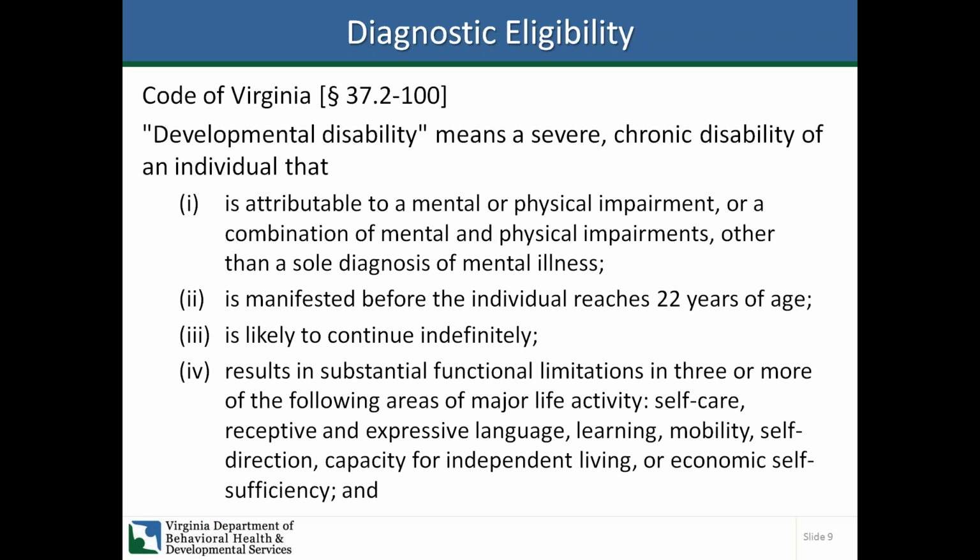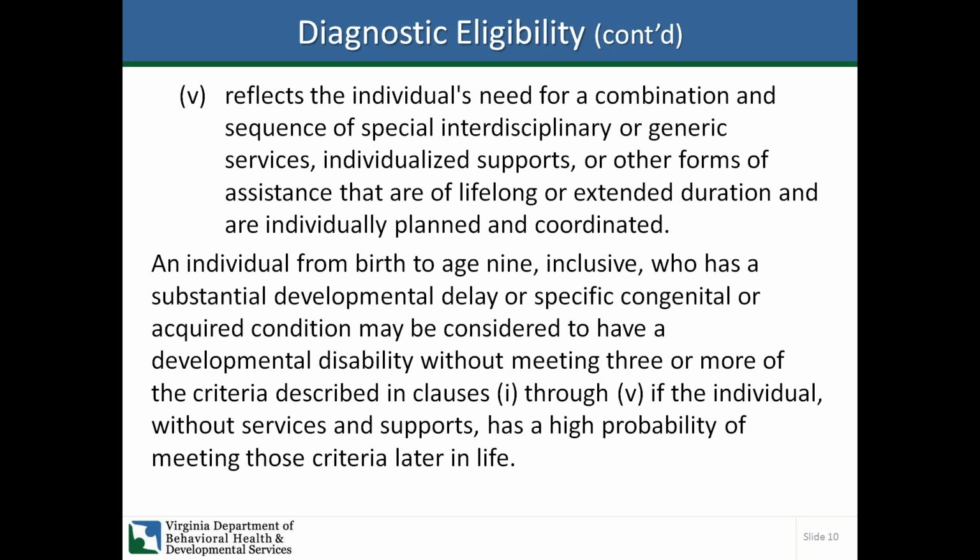I'm not going to read the whole definition, but you will have that here on this slide and the next slide. So the person must meet all of the various criteria here and on this second slide.